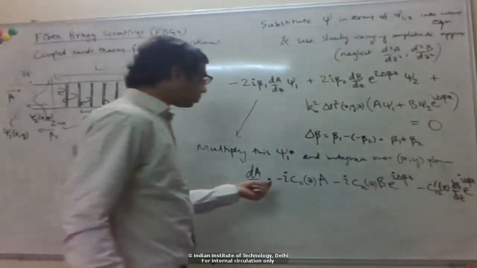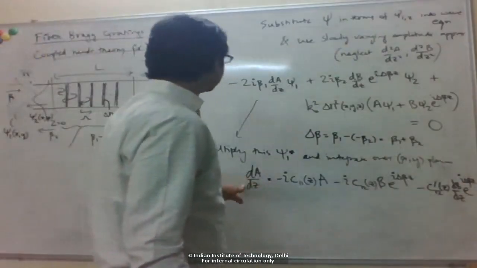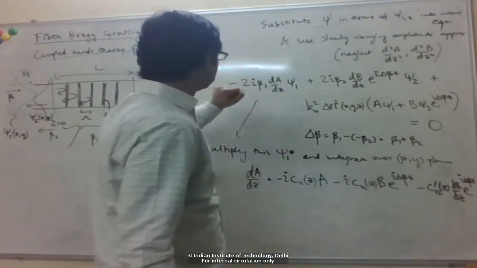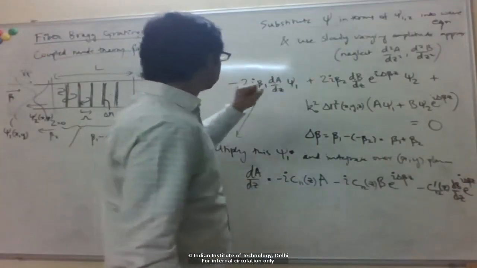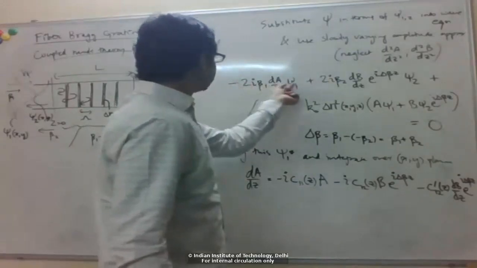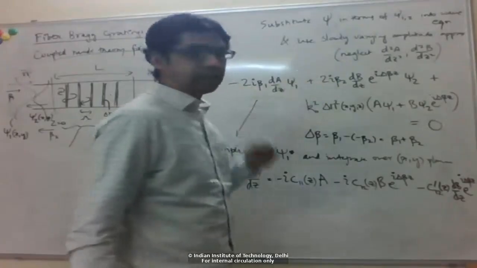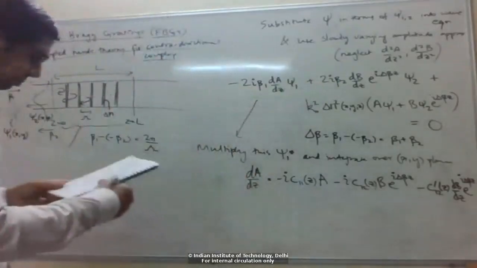Okay, so this dA by dz is coming from here, right? So we multiply by psi1 star and then integrate. So with dA by dz, we'll get something like integral of mod psi1 square dx dy.